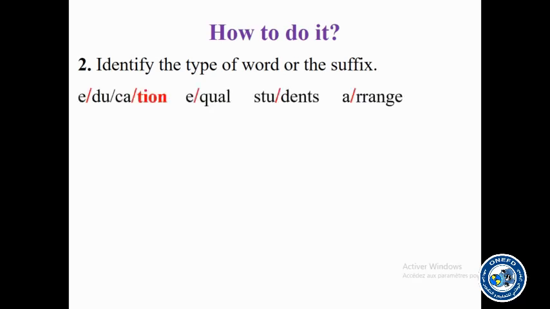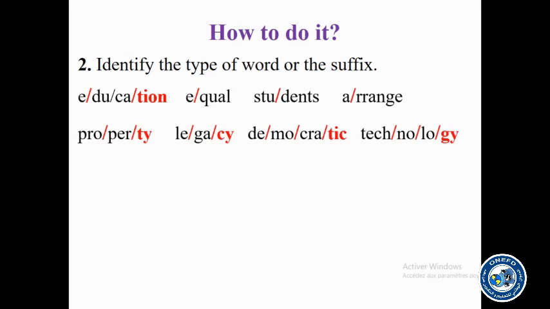Education, we have the suffix tion, so see if the stress is on the syllable before or two syllables before. Equal, is it a noun, a verb, or an adjective? The same for students or arrange. Property, suffix ty. Legacy, suffix cy.